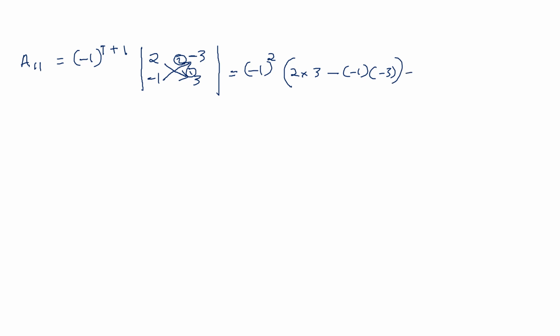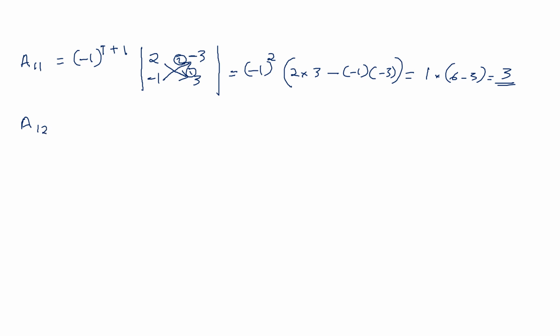Minus 1 to the power some even value, that is 2, 4, 6, is always plus 1. Minus 1 to the power odd values, say for example 3, 5, 7, 9, will be minus 1. So here it is minus 1 to the power 2, so that is 1 into, this is 6 minus 3, that is equal to 3. So we got A11 as 3. In the same way, we'll have to find each of the cofactors.